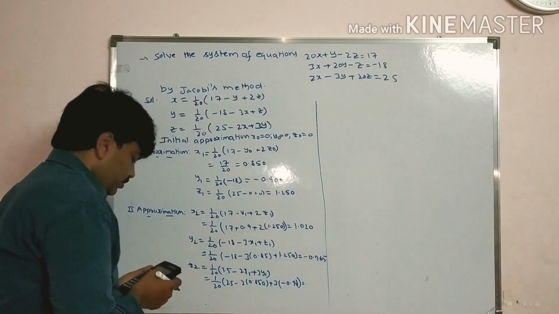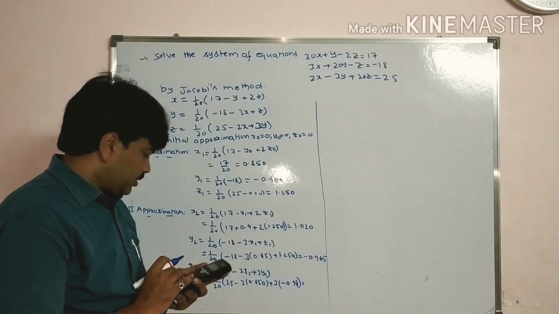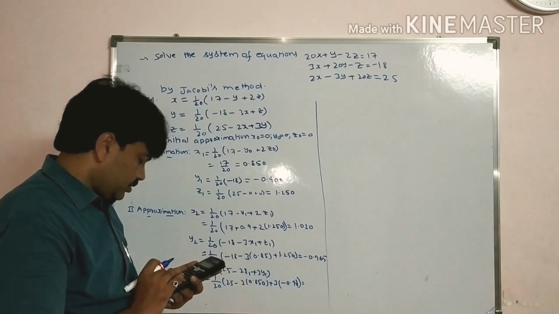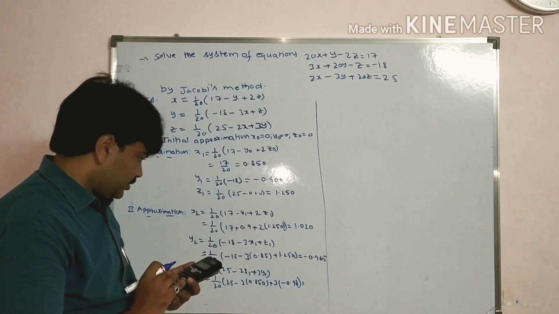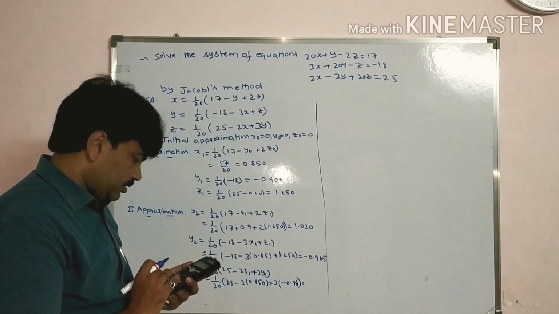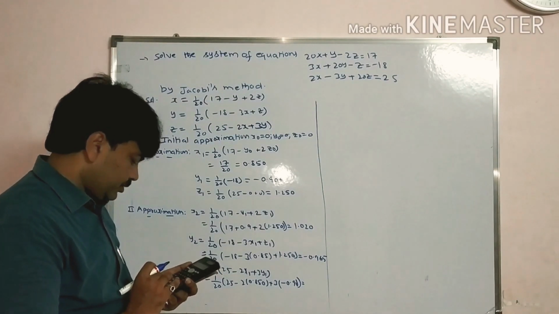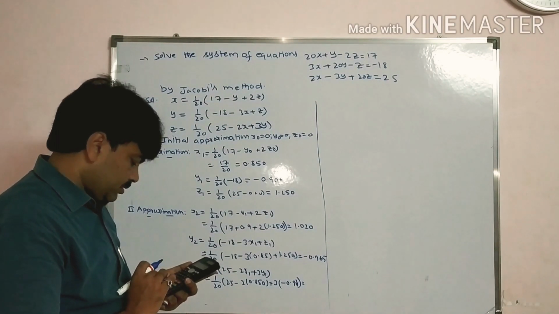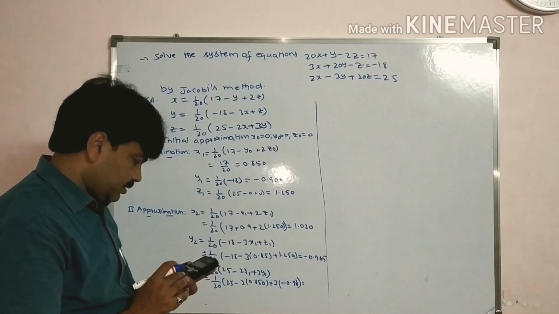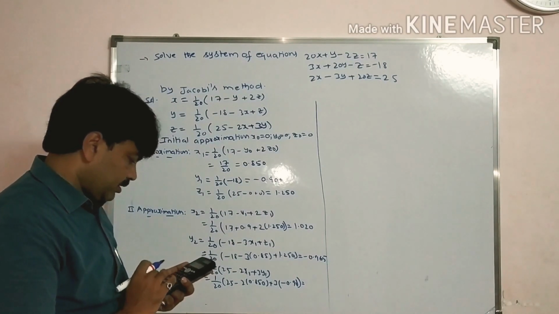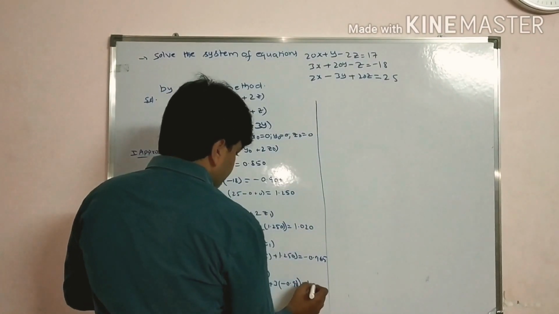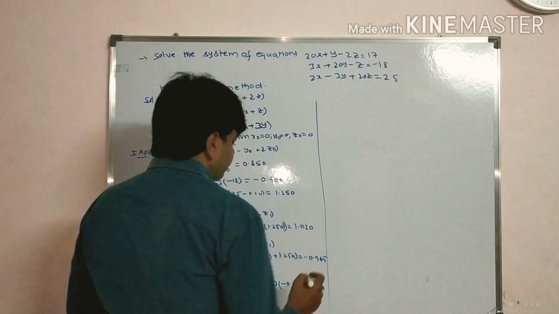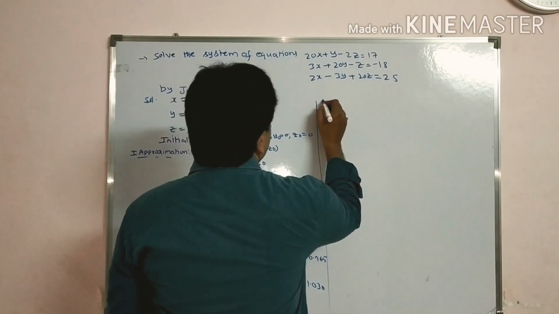That is equal to (25 minus 2 into 0.85 plus 3 into minus 0.9) divided by 20, which gives 1.030.